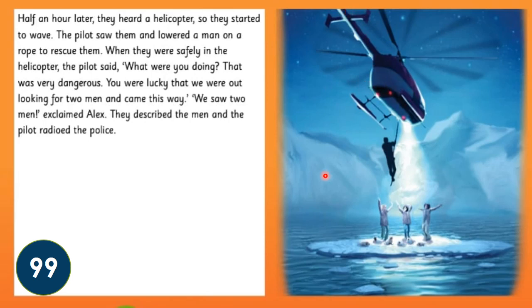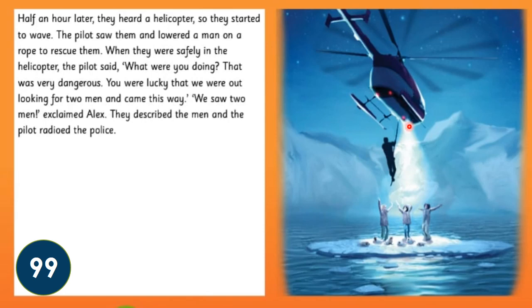A helicopter was flying over that area, and it has a light. It could see the kids. When the kids saw it, they waved to tell the helicopter's pilot that there are people here that need help. So the helicopter lowered a man with a rope to carry the kids into it.